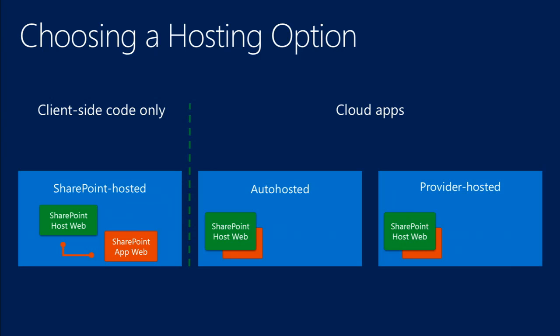If, however, you want to manage that website directly for yourself, and you want to take on the overhead of having one web server servicing all of your SharePoint sites, then you can follow the provider-hosted model. In both of these cases, these IIS websites that are hosting your web content have the ability to connect back to SharePoint and connect back to the two webs that we talked about, the host web as well as the app web.